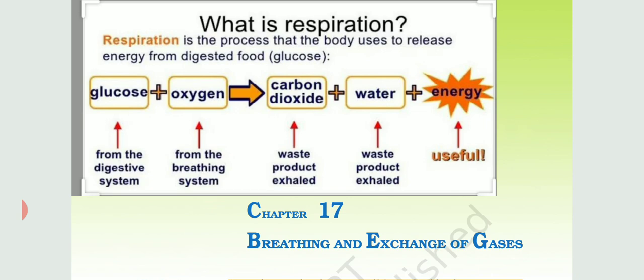So, when oxygen binds with the glucose, it will form, number one, carbon dioxide, number two, water, and the most important, energy in the form of ATP, adenosine triphosphate, that we also call the energy currency of the cell.